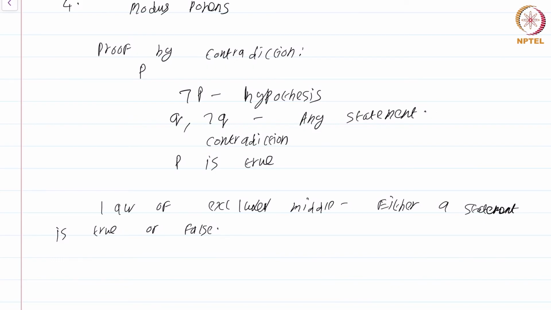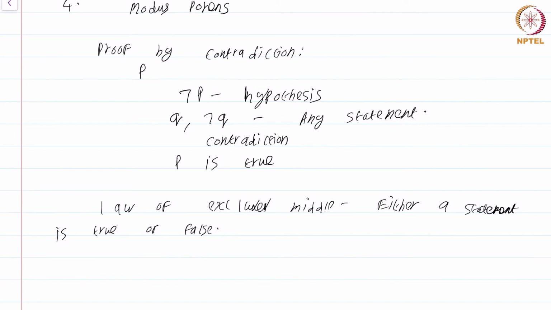A statement is a sentence that has either a value true or a value false. You can assign a value to it. So a statement cannot be both true and false. It cannot be neither true nor false. Those are things that we do not study in classical logic. They are, however, studied in many forms of logic, including traditional logic in India, but it is not the logic that we use.